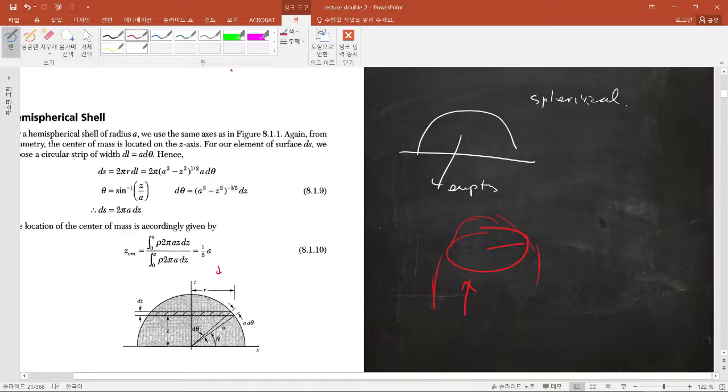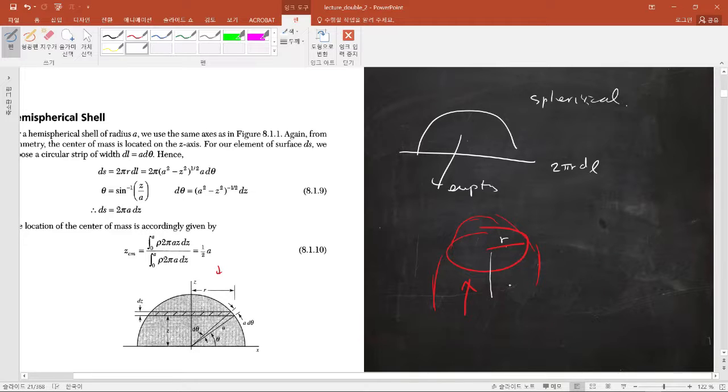So here ds, the area, is this radius, which is what? 2 pi, this is r, so 2 pi r dl, which is this one here, dl, so it is a d theta. And r here is what?